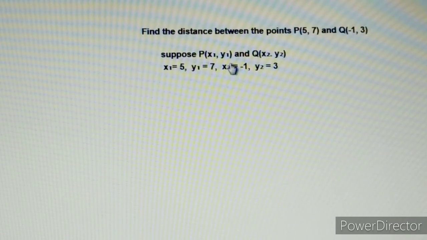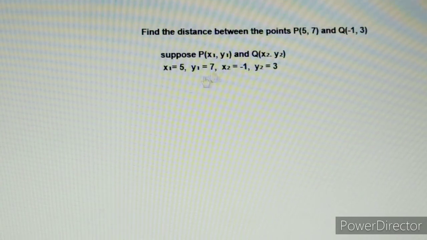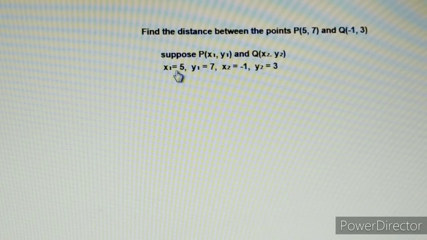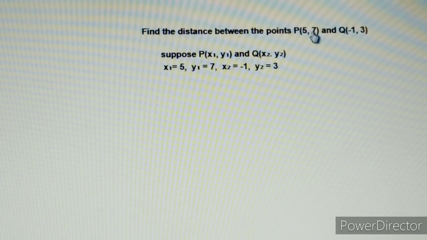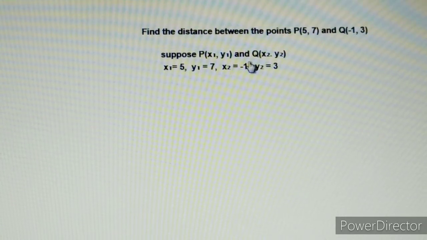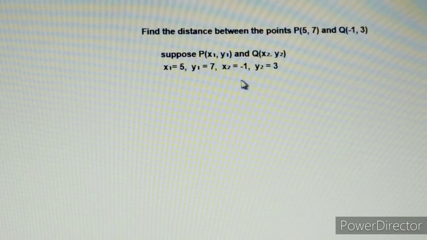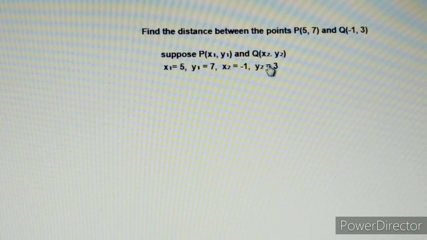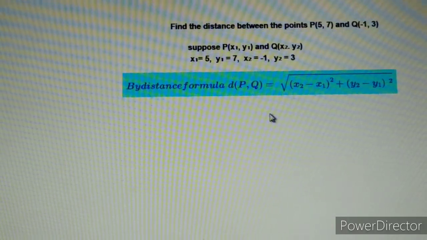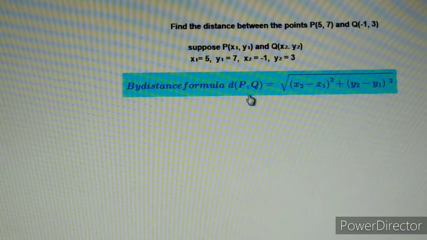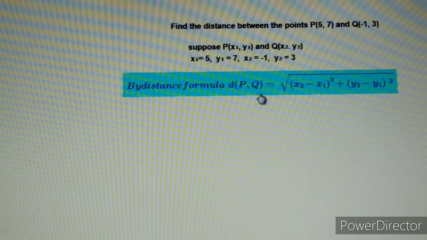If you compare this x1, y1 with 5, 7, you will get the value of x1 is 5 and the value of y1 is 7. Similarly, the value of x2 is negative 1 and y2 is 3. By the distance formula, we can find distance PQ.